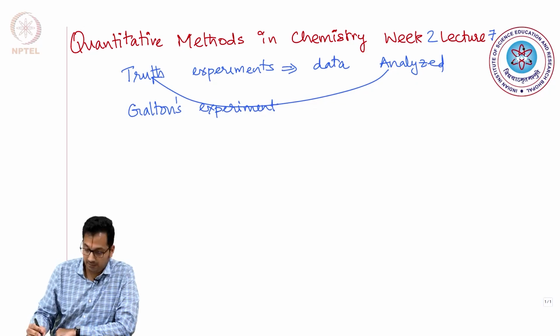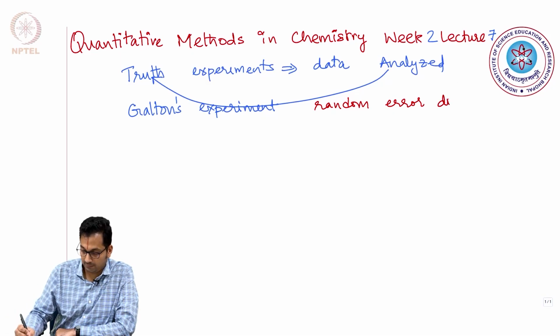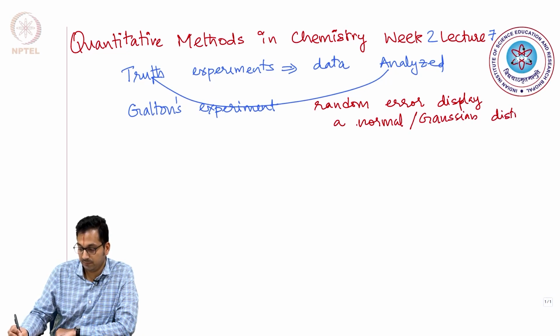We understood the fact that random errors display a normal or Gaussian distribution.